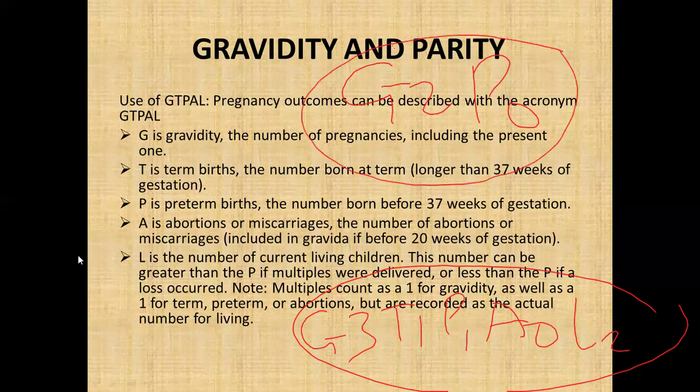It means that an individual has had two pregnancies in her lifetime, but among those two, none of them has been carried beyond what we call 20 weeks gestation. I hope you are getting me. And so gravidity talks about the number of pregnancies, including the current pregnancy.